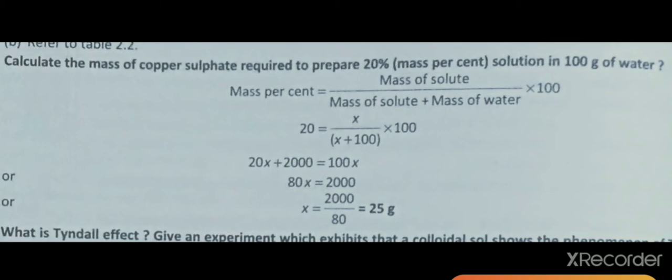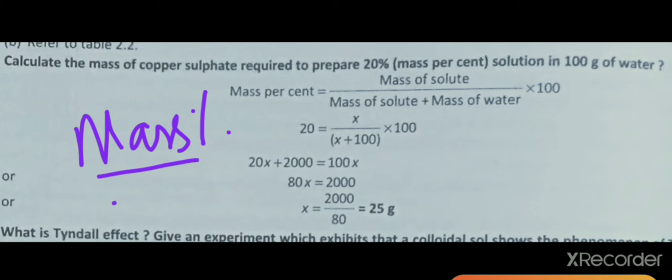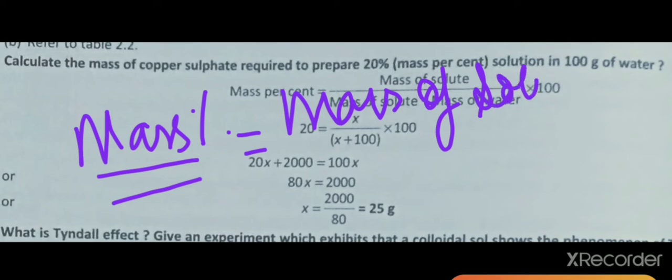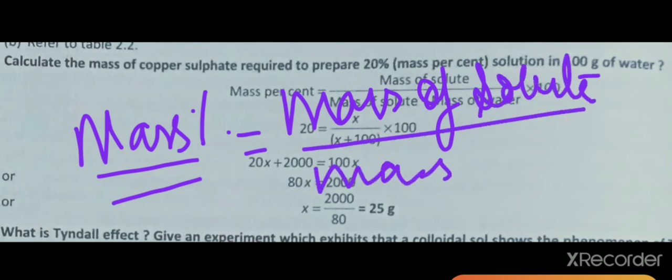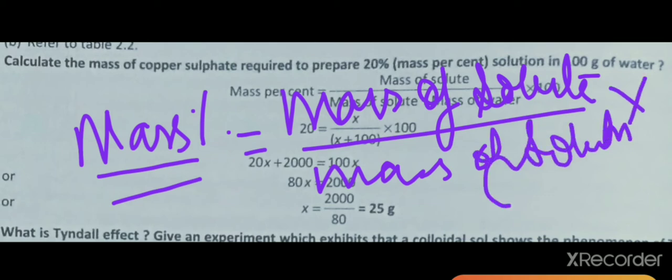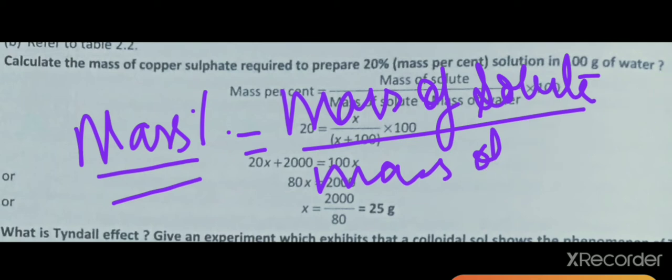Mass percent of a solution is equal to mass of solute upon mass of solution into 100. Okay, so simply this is the mass percent of a solution. Here you have to write mass of solution into 100.